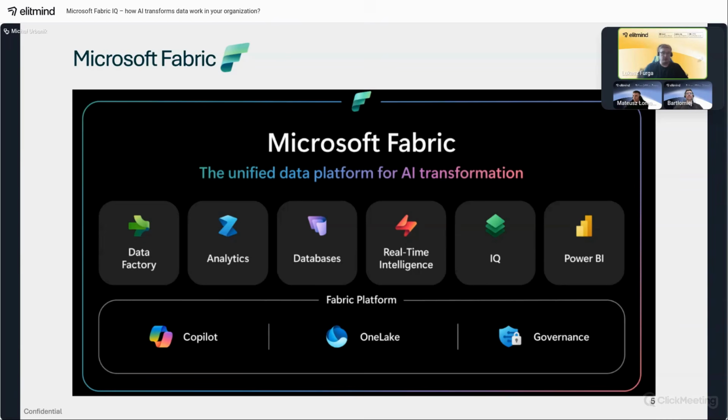What is also important and what is also a part of Fabric is the governance area. In that case, governance represents centralized administration and data governance, including permissions, sensitivity labels, and auditing. These controls are applied automatically and inherited across Fabric items.